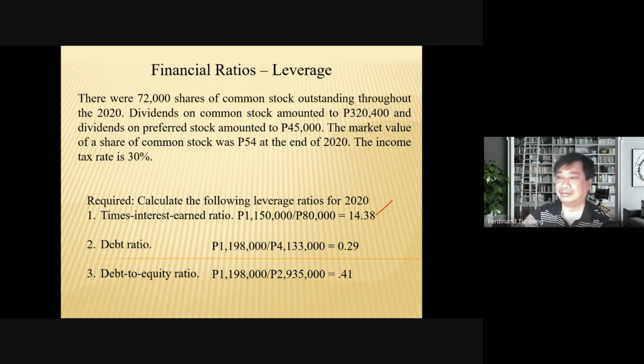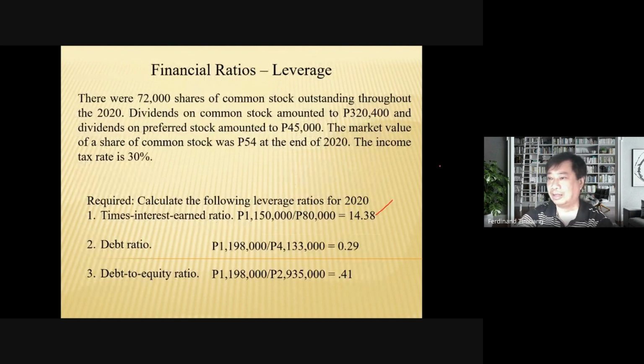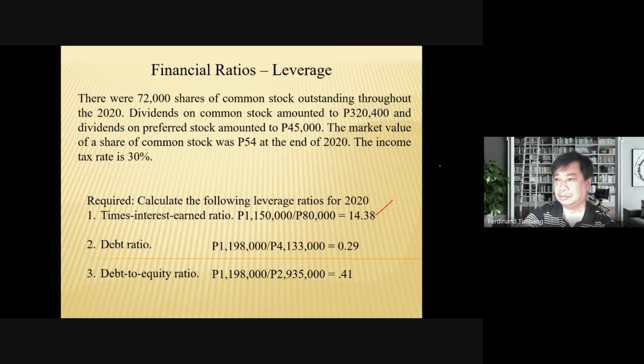What about the debt ratio? Our debt ratio is total liabilities over total assets. Our total assets is 4. Then the total liabilities. Sorry, I included the preferred stock.